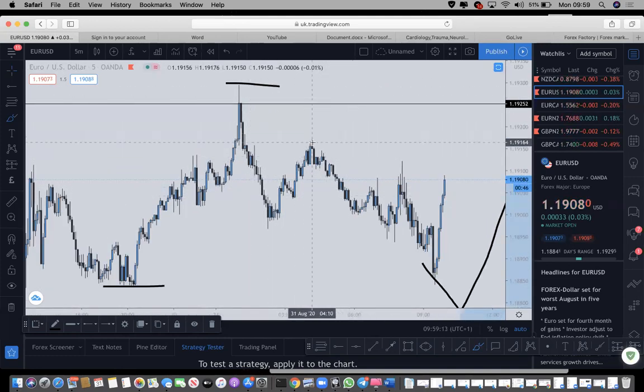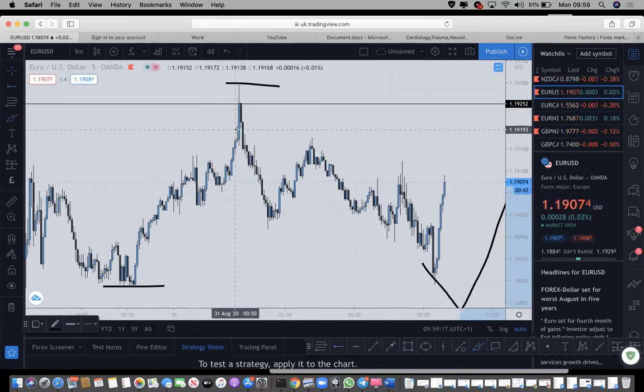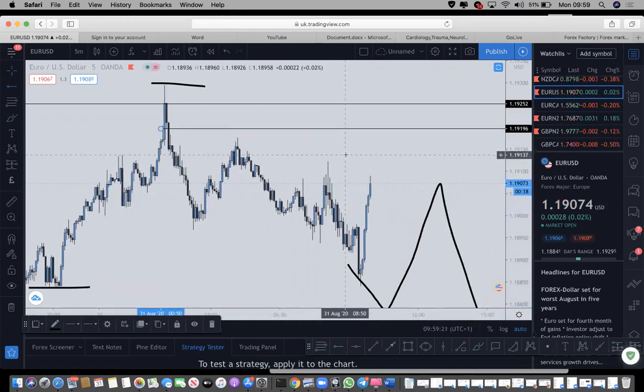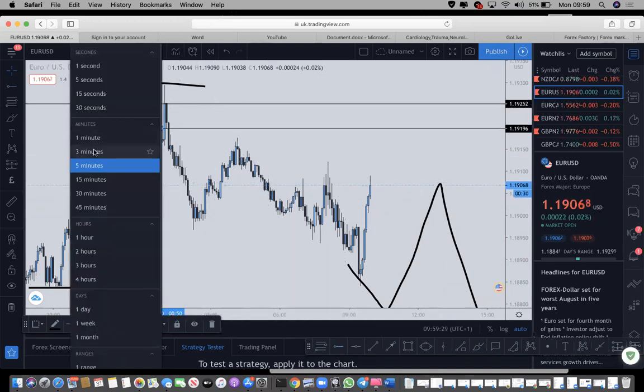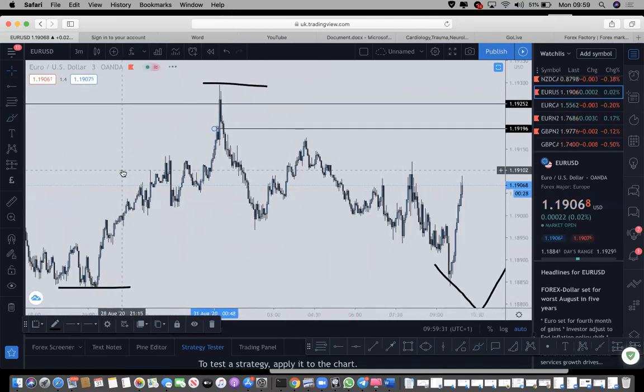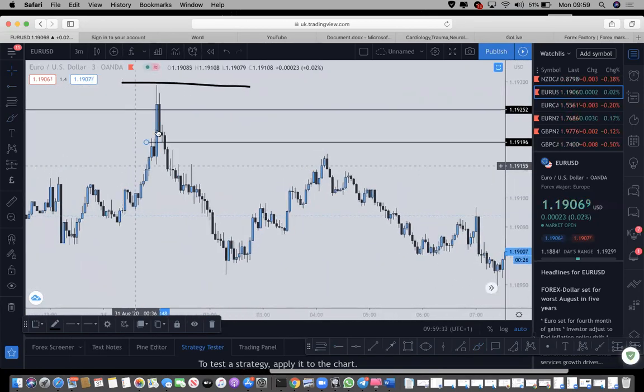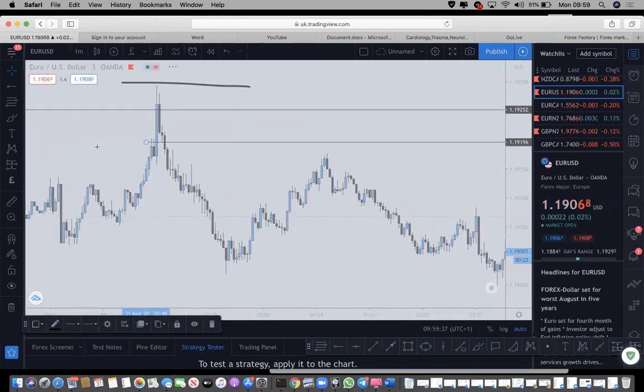And look, we had the test of the U-turn. Potentially, Euro USD could give us a re-entry over here at 1.19196. We could see a re-entry right there. Let's look at it on the one minute time frame. On the 3 minutes time frame, we still see the imbalance, which is good.